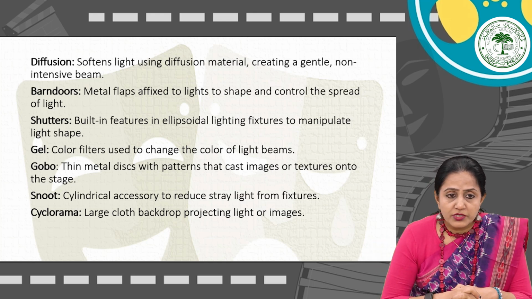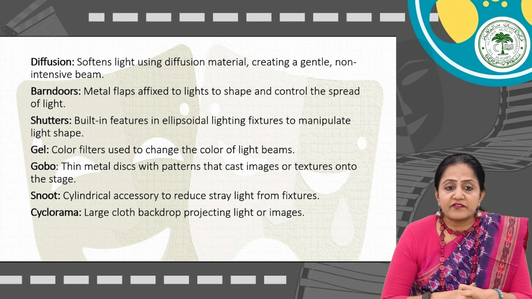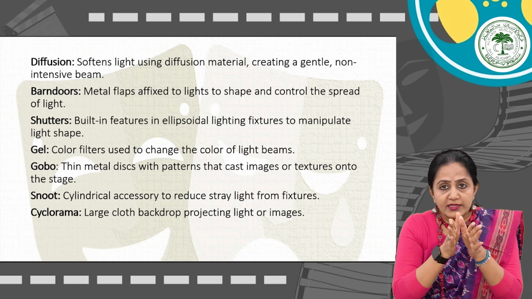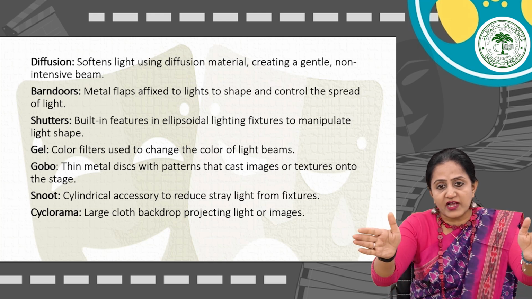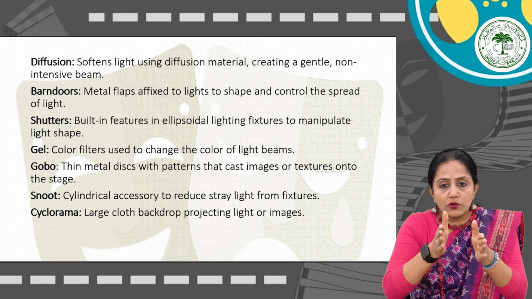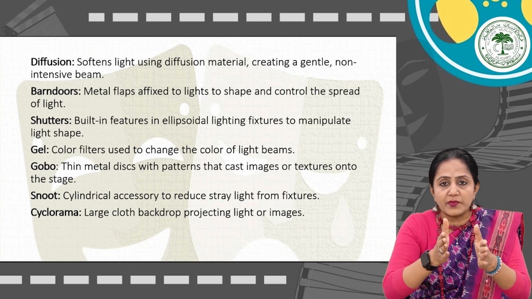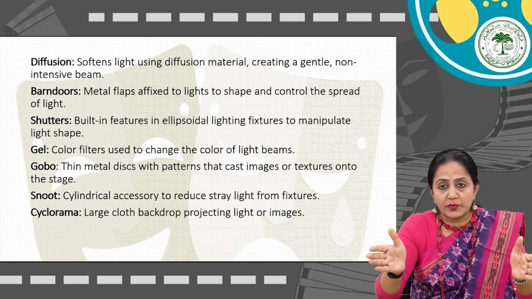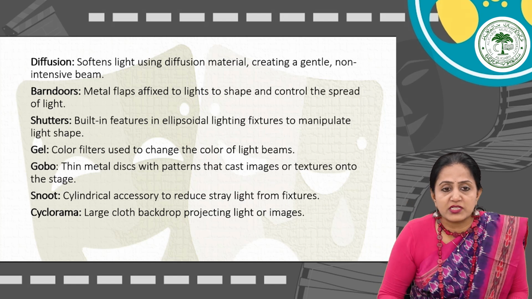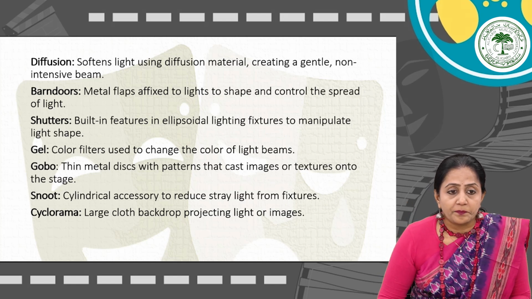Then barn doors, these are metal flaps affixed to lights to shape and control the spread of light. So light spreads in a certain fashion. If you put the barn doors, you can make light more sharp and control its shape, in what shape it will fall into the place where you want it to fall.